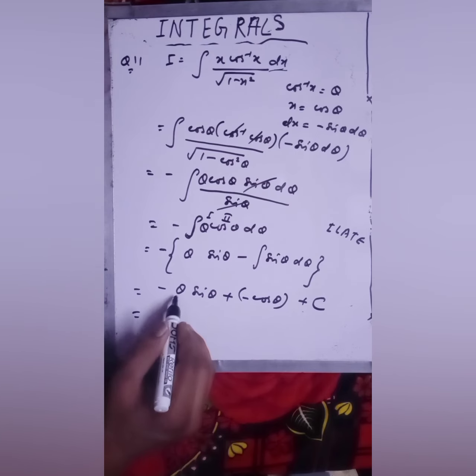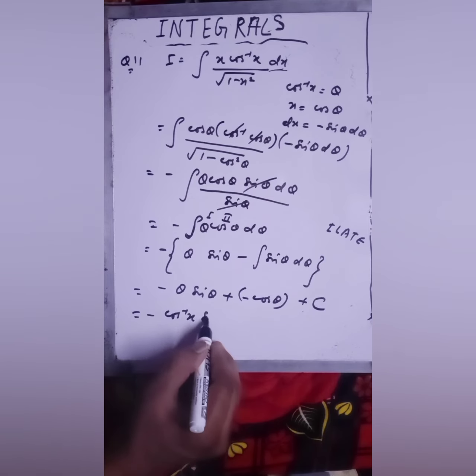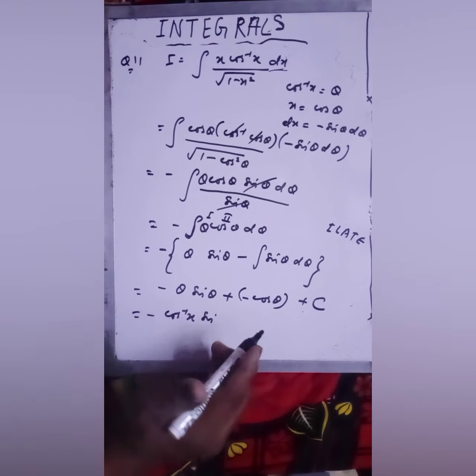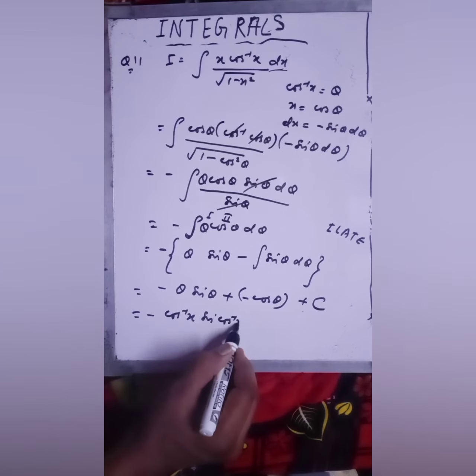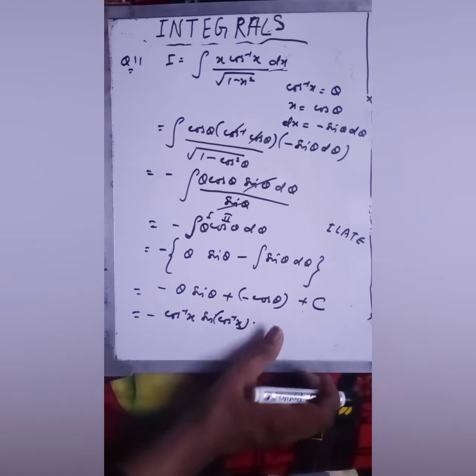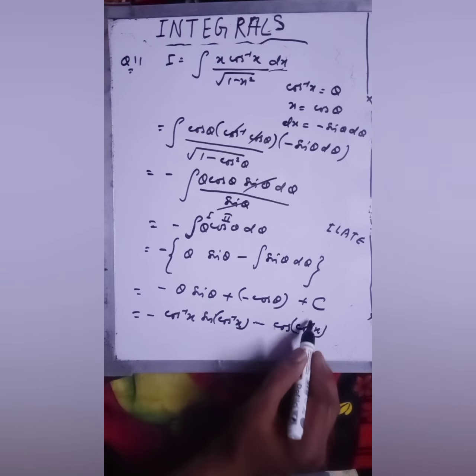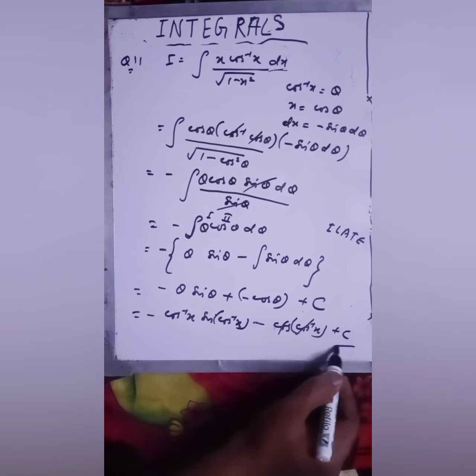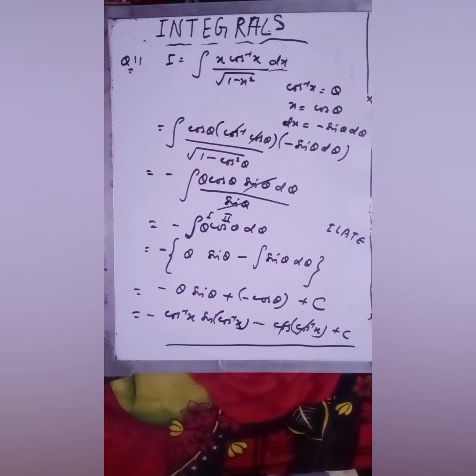So replace the theta. This is cos inverse x sine, and in place of theta I'm writing cos inverse x, plus minus cos cos inverse x. This cos and cos inverse will cancel out, x will come, plus c. So this is your required final answer. Okay children, so this is how you can solve this question. Note it down.